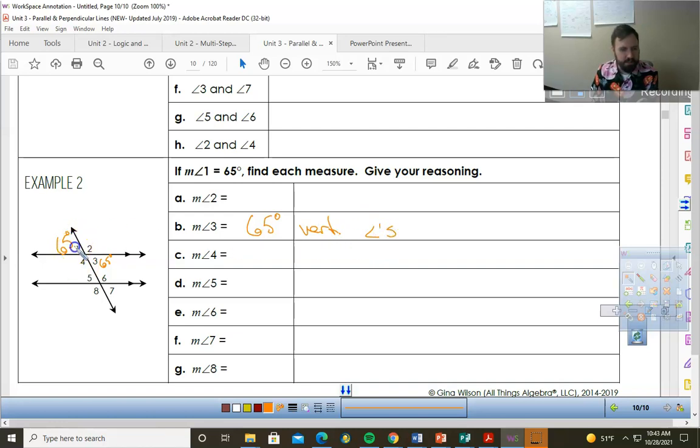If angle 1 is 65, then angle 7 is 65 because they're alternate exterior. If angle 1 is 65, angle 5 is 65 because they are corresponding angles.